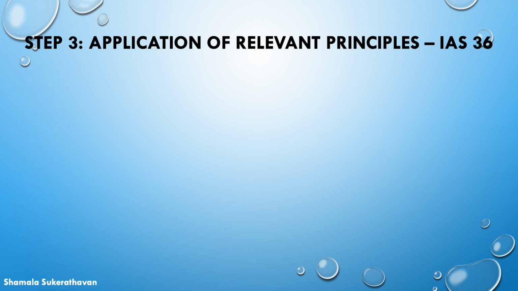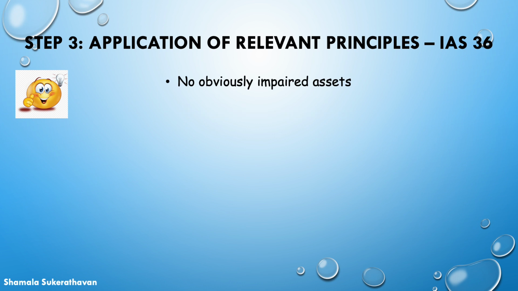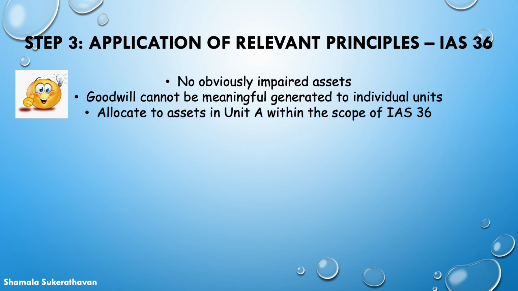In the case of Unit A, as there are no assets that are obviously impaired, nor can the goodwill be allocated to the individual units, the impairment loss of 13 million, being the difference of the carrying value of 85 million and the value in use of 72 million, shall be allocated between the following assets on a pro rata basis.